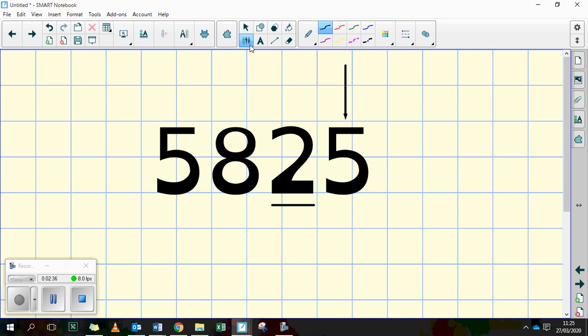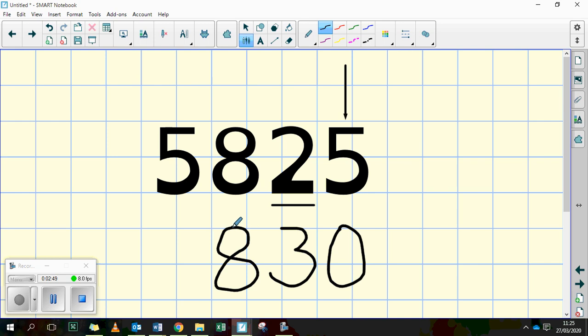So get my pen. The 20 will round up to 30. So we will have 30 here. The 800 will remain the same and the 5,000 will remain the same. So 5,825 will round up to 5,830.